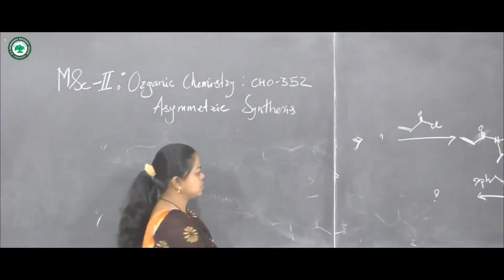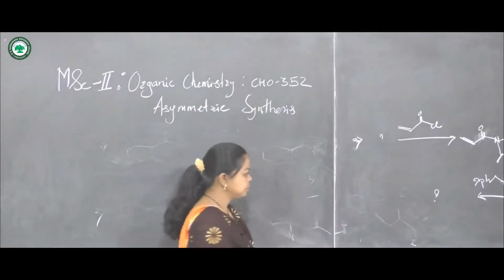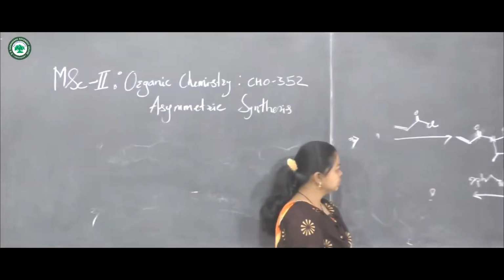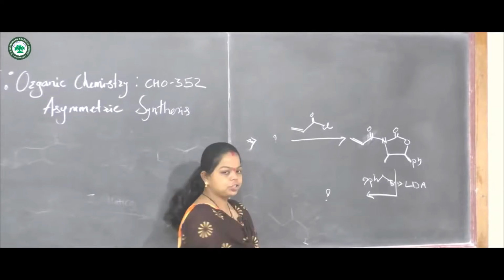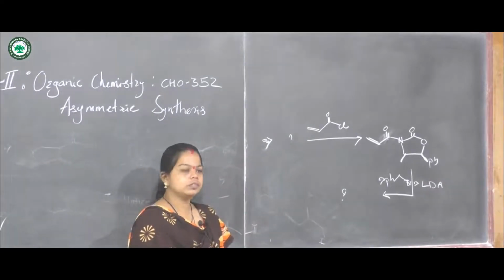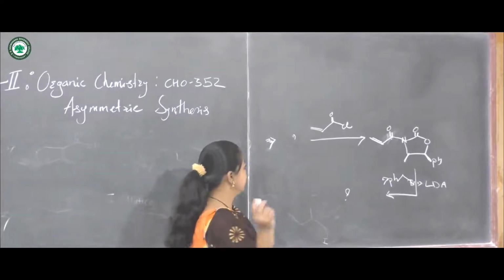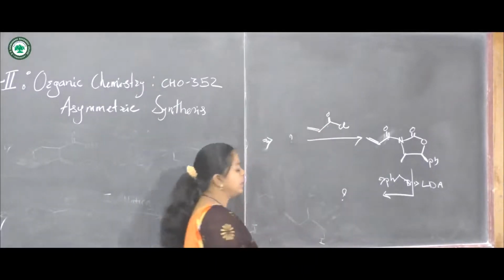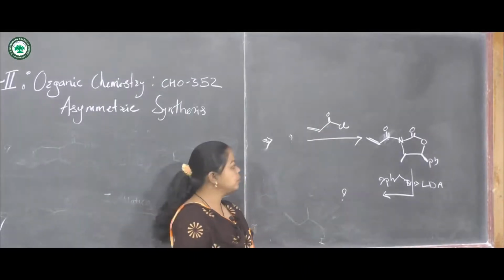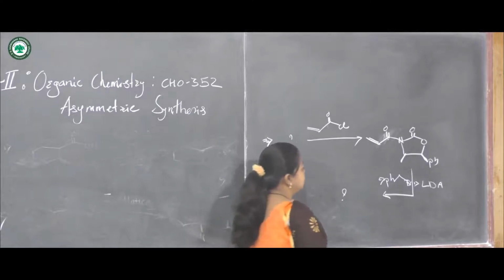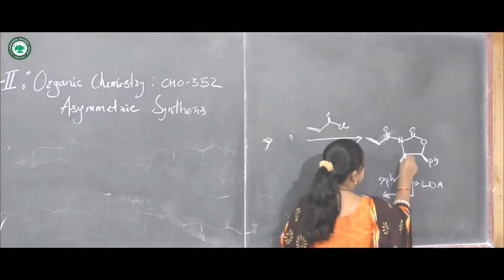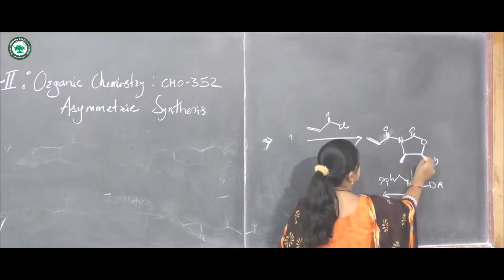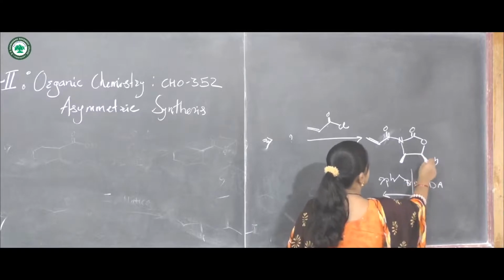Now consider this third reaction. In this reaction, the substrate is not given, and this acetyl chloride compound is given which contains the double bond, and again the product is given here. A beta oriented methyl group is present and a beta oriented phenyl group is present.